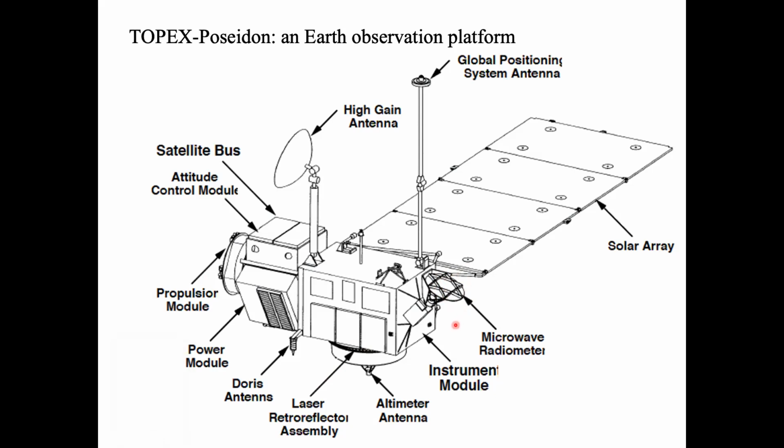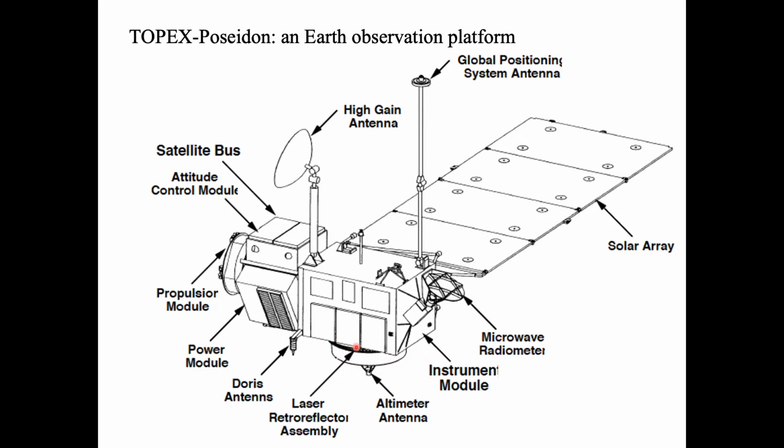So, going back to the structure of the spacecraft, we have here the altimeter antenna. This is the direction, the nadir direction. So the antenna points to the sea. We have nearby a laser retroreflector assembly.